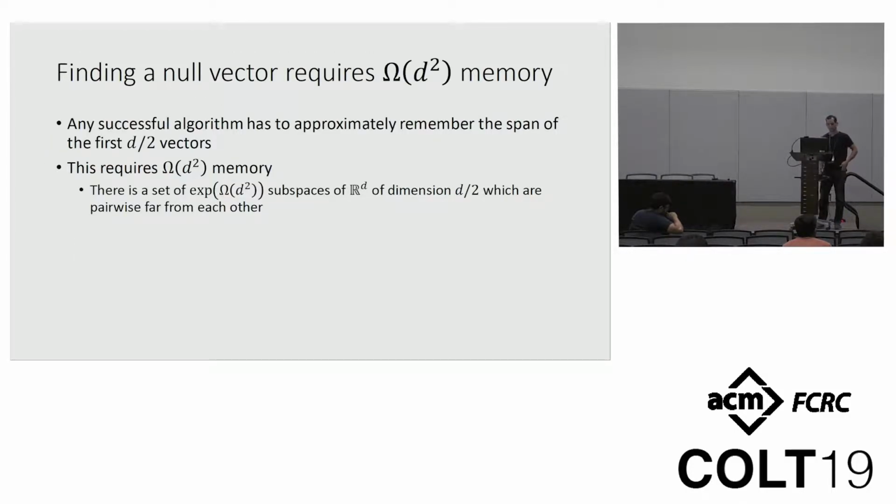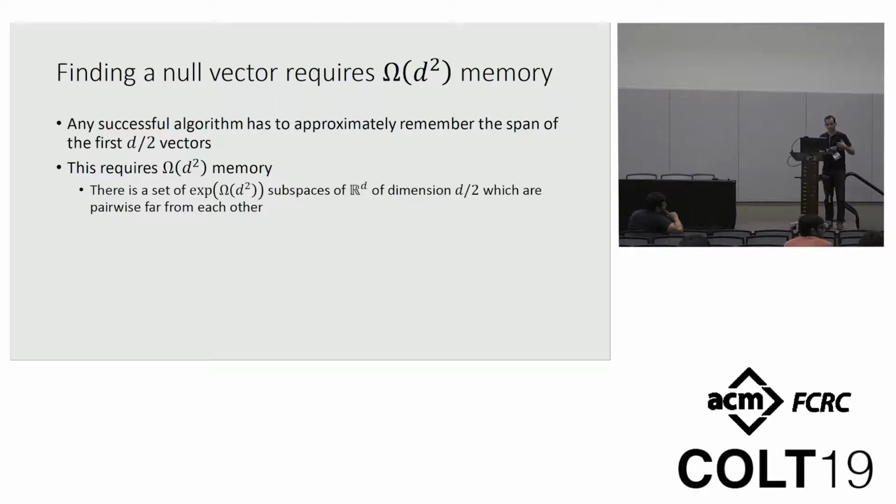So now let's discuss how we show that finding an orthogonal vector requires memory of d squared. What we show is that after receiving d over 2 vectors, any successful algorithm has to roughly remember their span.